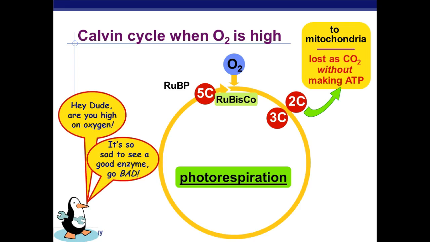So not only are we running out of the starting materials to do the Calvin cycle, we're running out of the ATPs we actually need to power the Calvin cycle. So we're losing both basically substrates and the energy to run the process. That's why photorespiration is pretty bad for the plant.